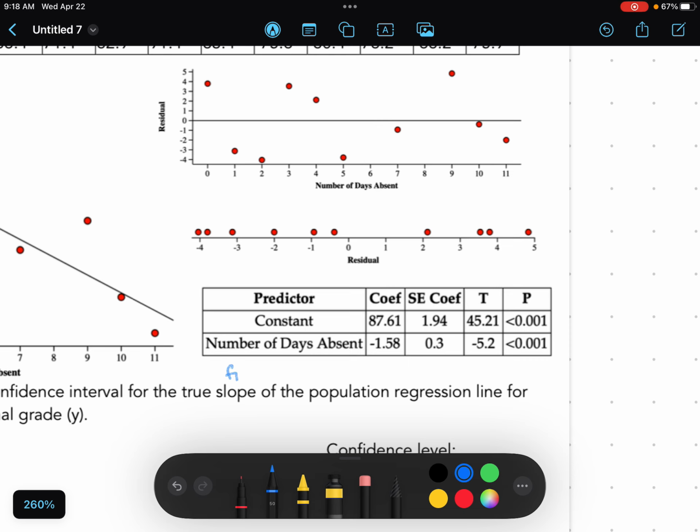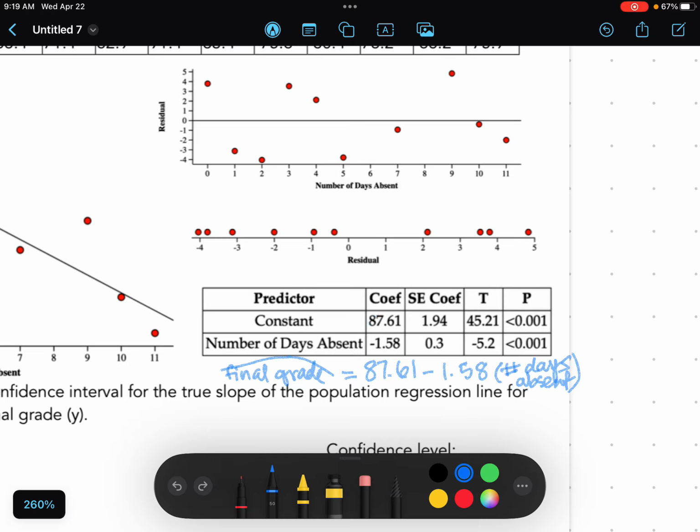Your predicted final grade is 87.61 minus 1.58 times number of days absent, right? You know that this one's the y-intercept because it's the constant, okay?